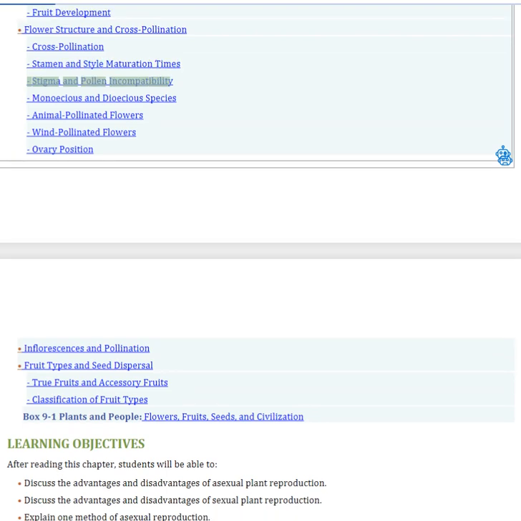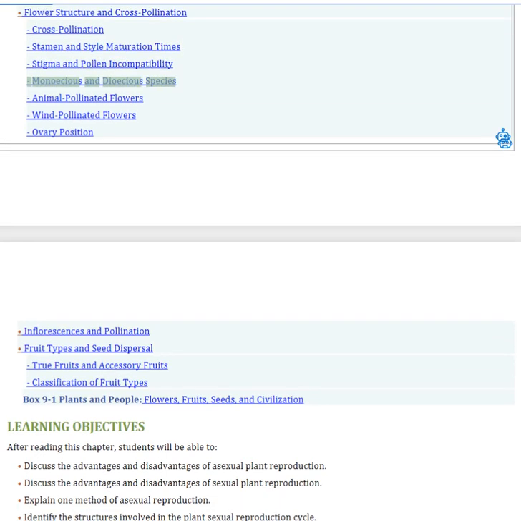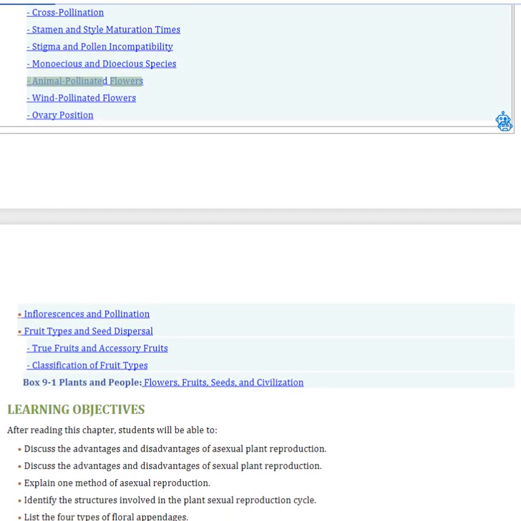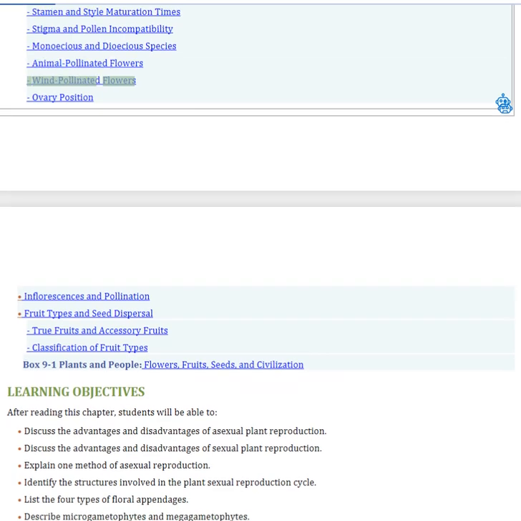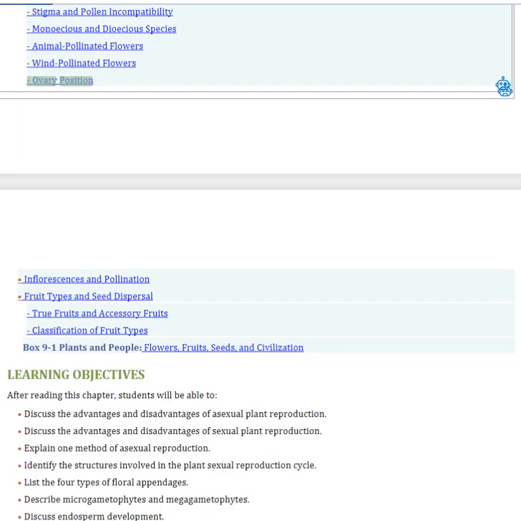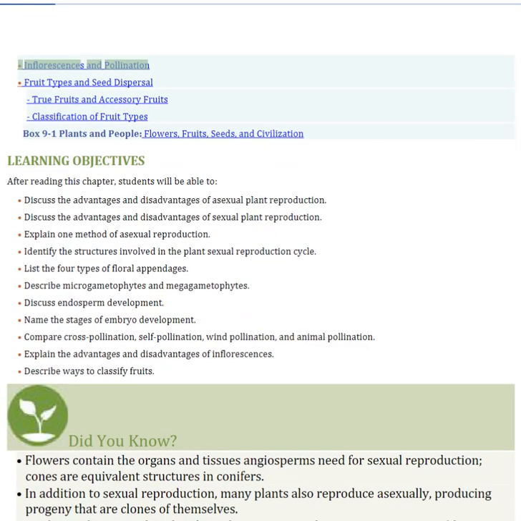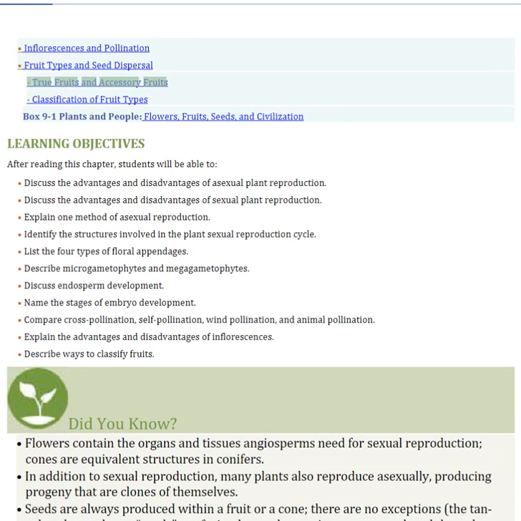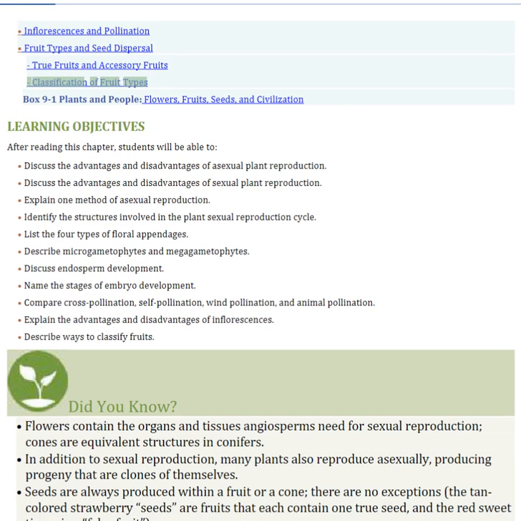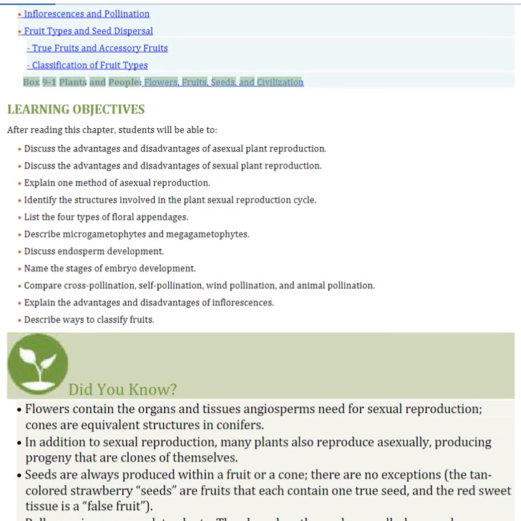Stigma and pollen incompatibility. Monoecious and dioecious species. Animal pollinated flowers. Wind pollinated flowers. Inflorescences and pollination. Fruit types and seed dispersal. True fruits and accessory fruits. Classification of fruit types. Box 9-1 Plants and People: Flowers, fruits, seeds, and civilization.